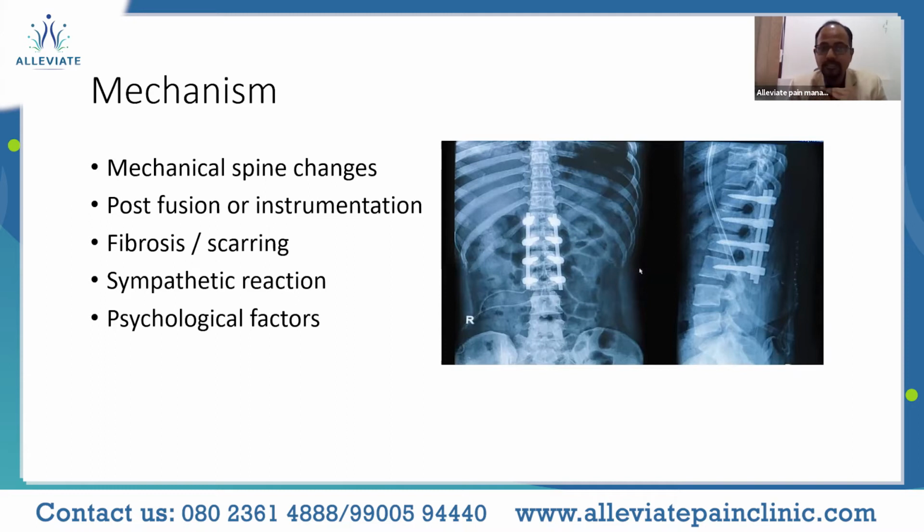So not only on the skin, but on the underlying tissues very close to the spine, which can cause entrapments of the nerves and causing radicular pain, which is a nerve related pain shooting down to the legs from the back, or it could be simply because of a sympathetic reaction. What it is reacting to is the instrumentation or the surgery which has happened on the spine.